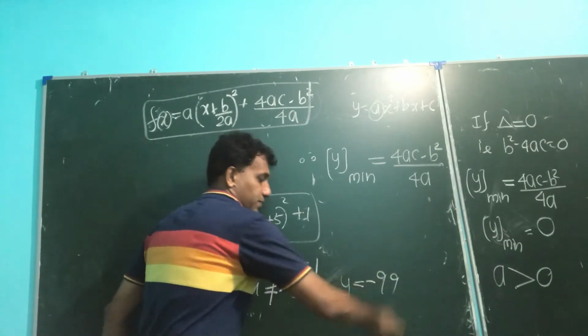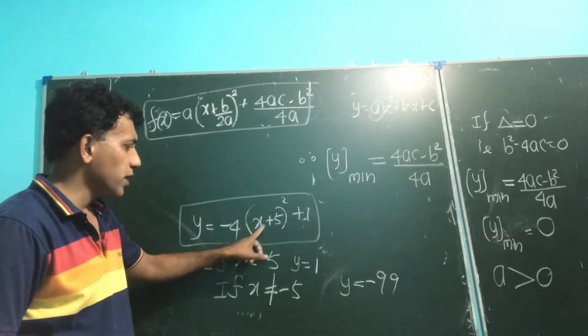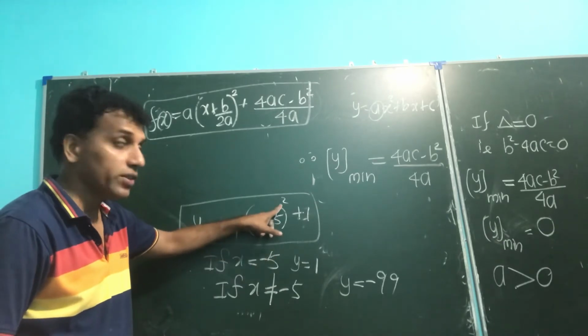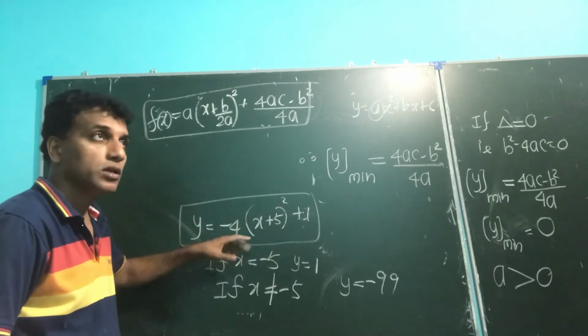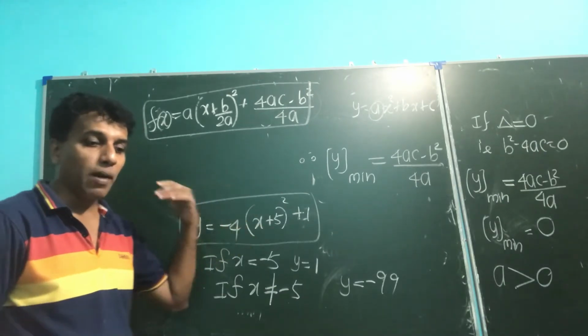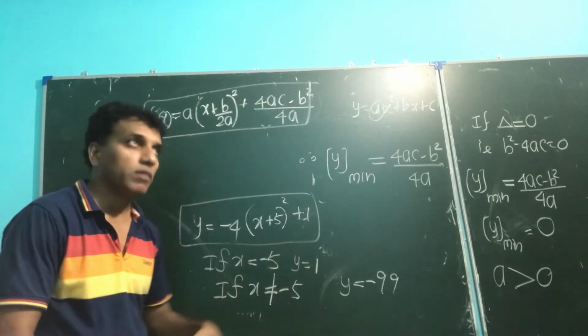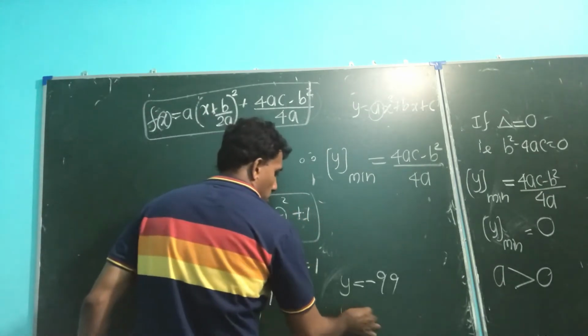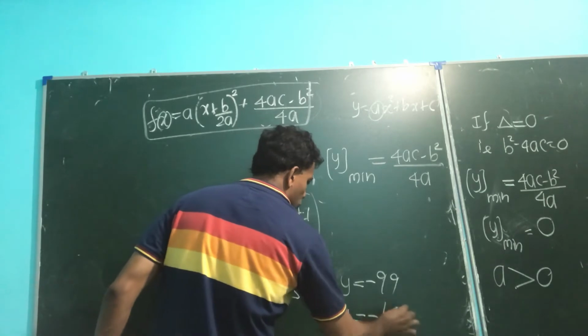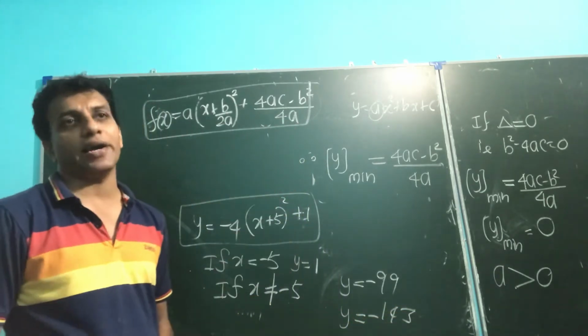Put x equal to 1: 1 plus 5 is 6, 6 squared is 36, 4 times minus 36 is minus 144, plus 1. What is that? y equal to minus 143. Like this, any value you apply, that is my example.